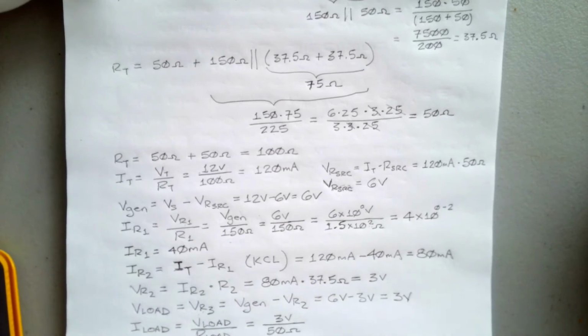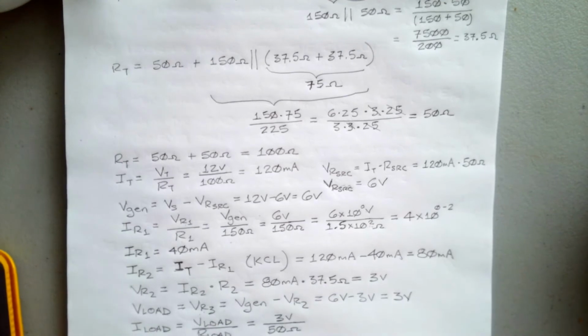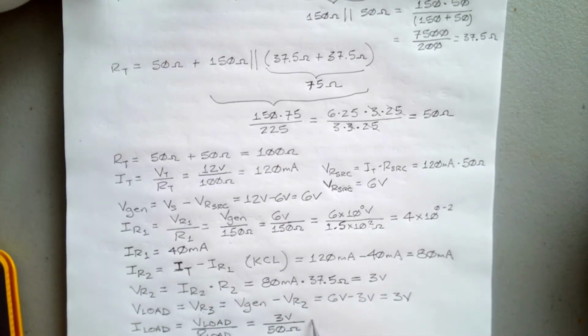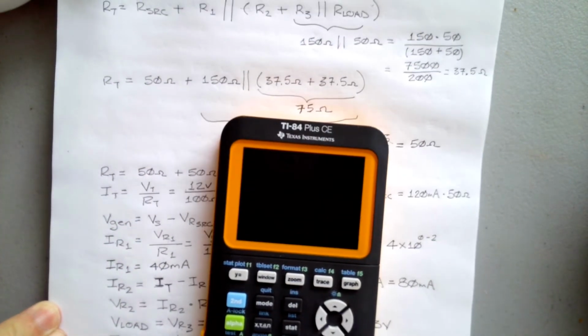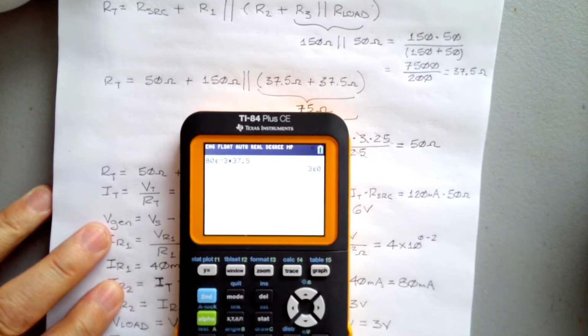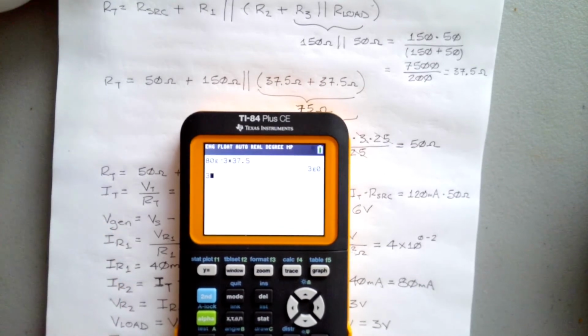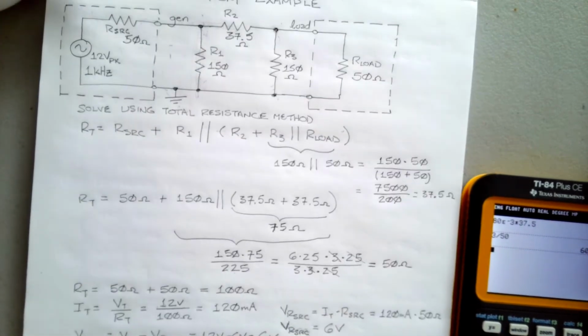Now if that were 3 volts divided by 100 ohms, we'd have 30 mA, so I'm thinking this may be 60 milliamps here. Let's just bring in our friend the calculator, and we will say 3 volts divided by 50 ohms equals, and I get 60 times 10 to the minus 3, so that's 60 milliamps.